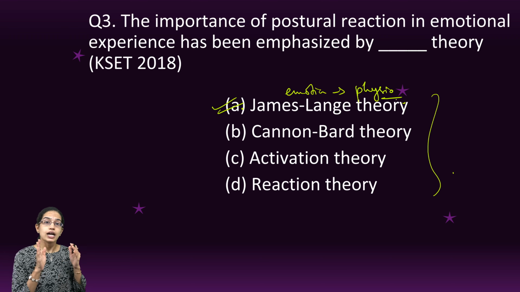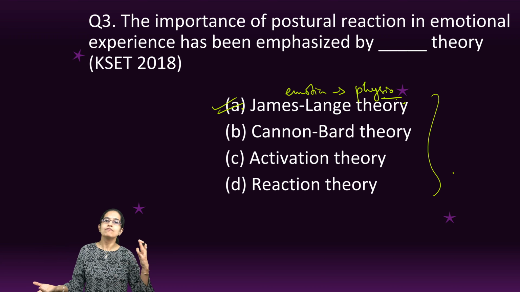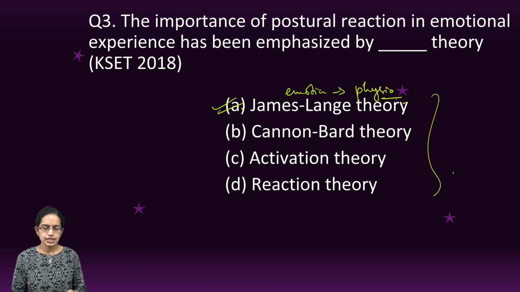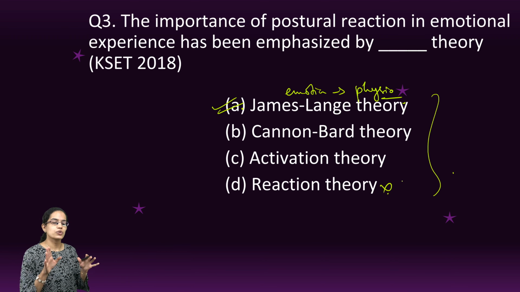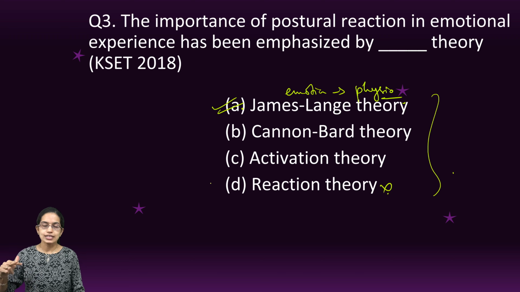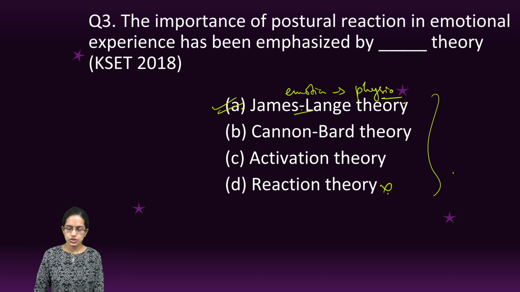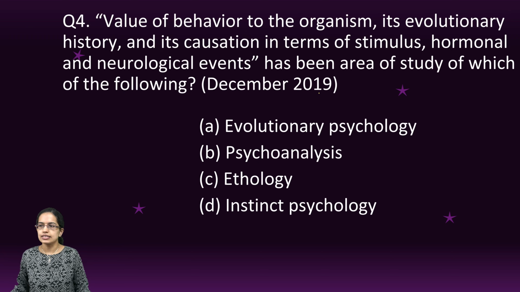However, under the Cannon-Bard theory, as we have discussed, emotions and physiological changes occur simultaneously, both together. Reaction theory is not a theory of emotion, so just forget about it. Activation theory focuses on emotional expression, which is a result of the activation of the subcortical part of the brain. So that is the basis, and based on the question here, we understand that this is a direct question where you would have James-Lange as the right option.